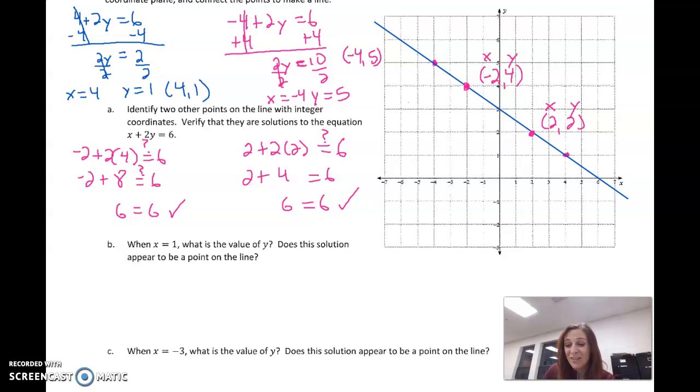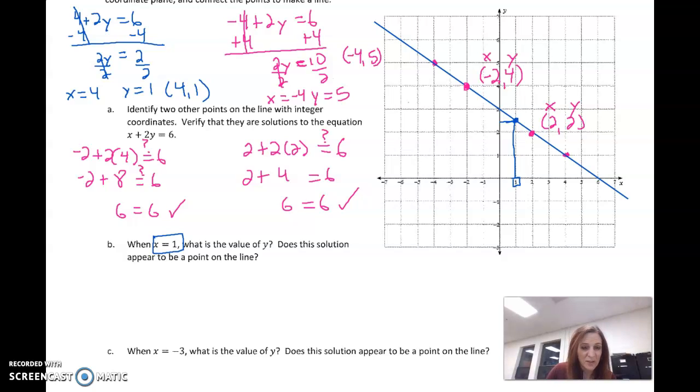That line is representing all the solutions. That's a whole bunch of points. So when x is 1, what does the value of y appear to be? Here's 1 on the x-axis, and it looks like it's somewhere between 2 and 3. Maybe it's 2.5, but it could be like 2.47, and how would we know? So let's plug it in.